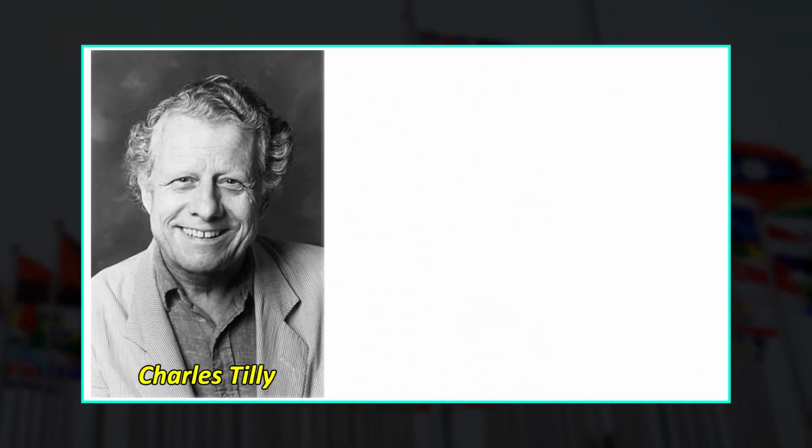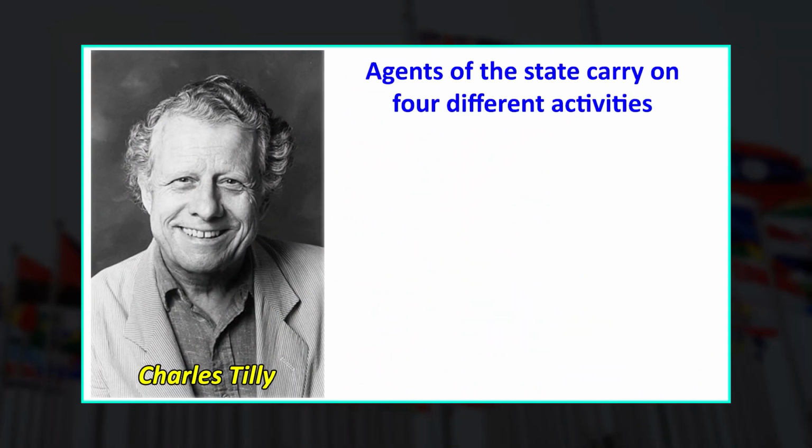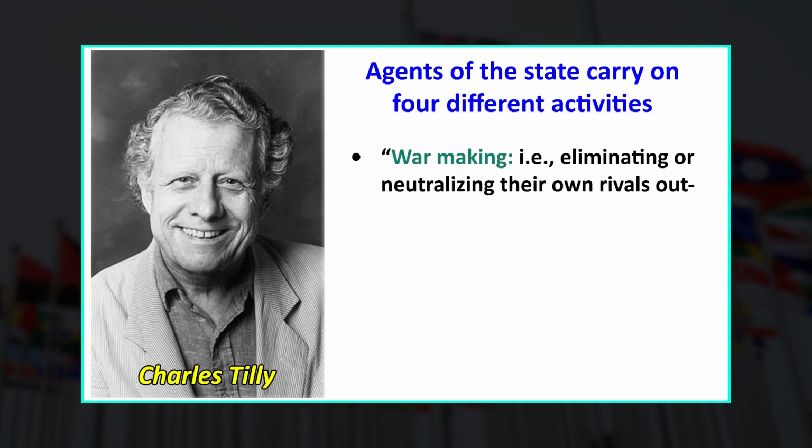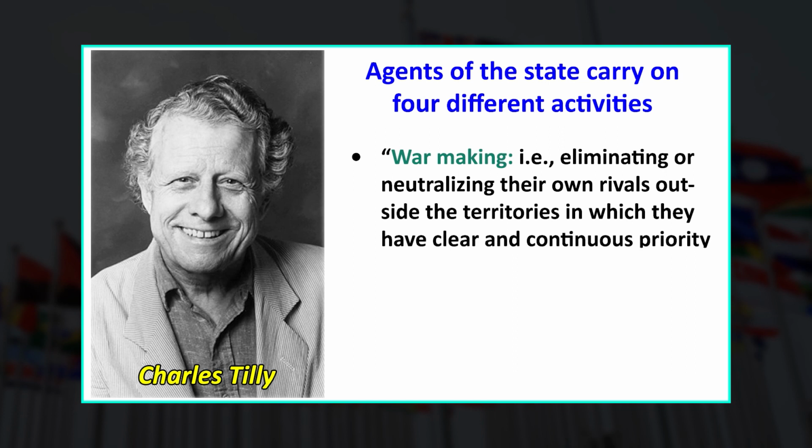In this regard, Charles Tilly has argued that the agents of the state carry on four different activities. These are: first, war making, that is eliminating or neutralizing their own rivals outside the territories in which they have clear and continuous priorities as wielders of force.